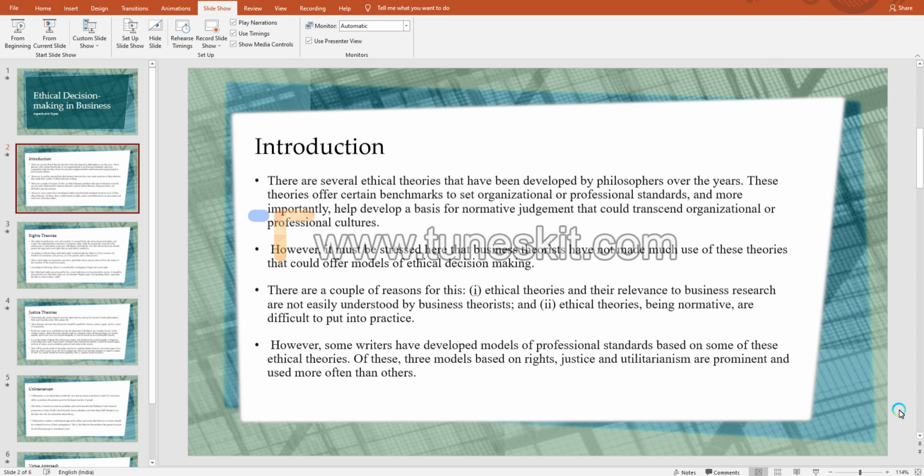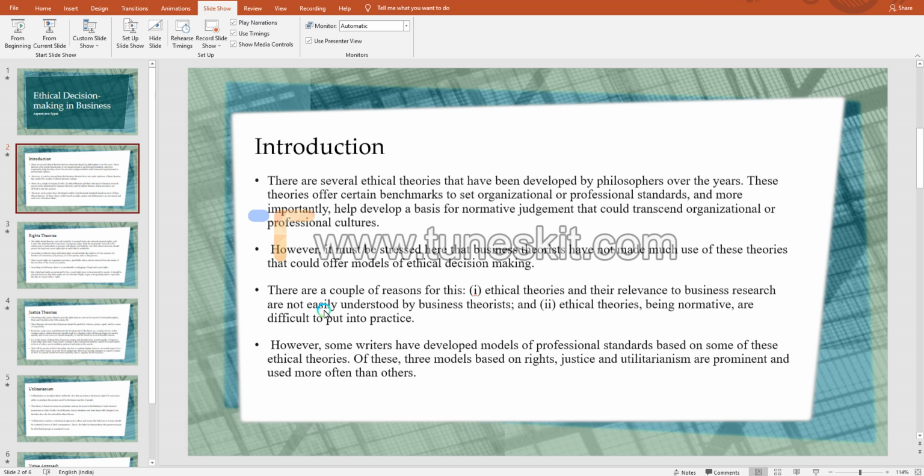So what are the aspects that are always in use in business spheres? Rights, justice, utilitarianism. We already talked about utilitarianism. Whenever we talk about utilitarianism, two names always come to mind: Jeremy Bentham and John Stuart Mill. We will talk about them again.